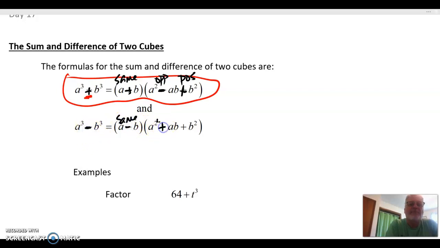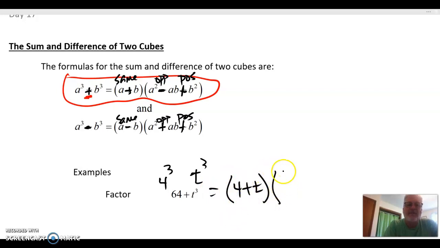This one is opposite the original over here, and then this one is always positive. Same, opposite, positive. So down here we've got, this is 4 cubed and this is t cubed. So I'm going to have 4 plus t. And then over here, I'm going to have 4 squared, which is 16, minus, because it's opposite, 4 times t, plus, because it's always positive, t squared.